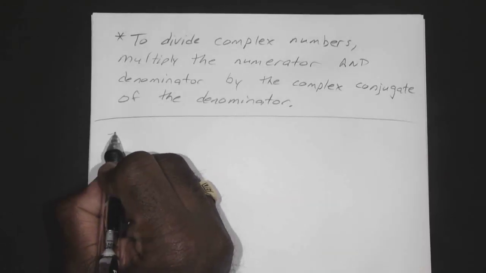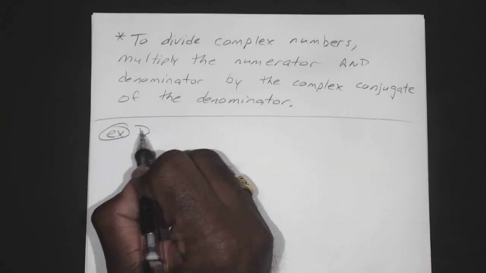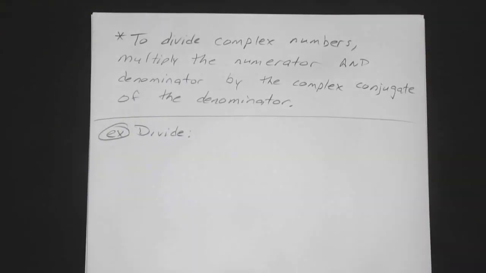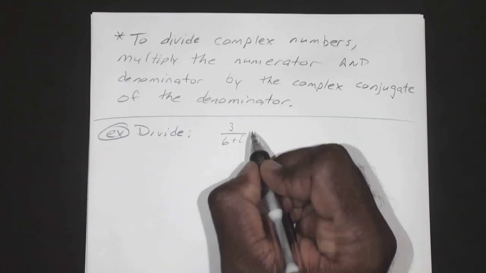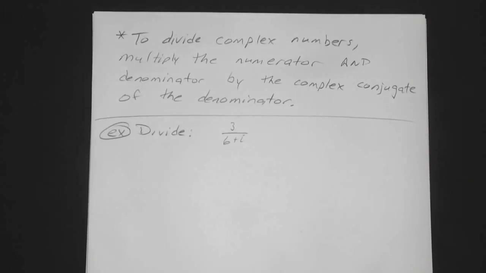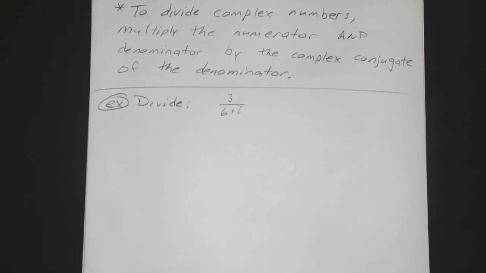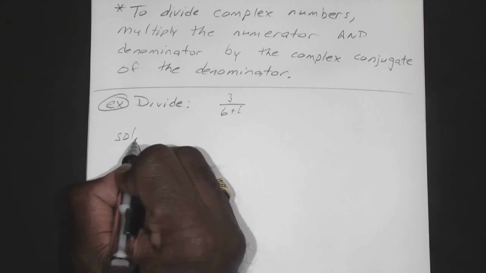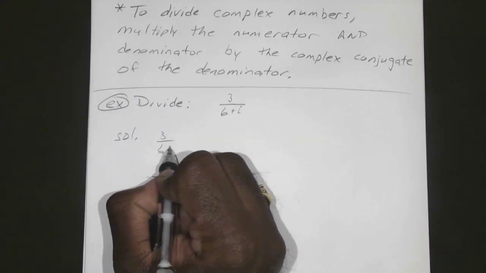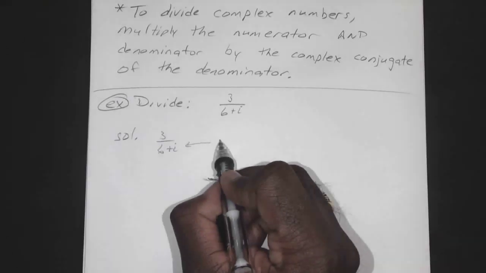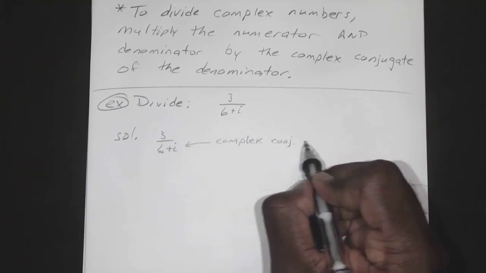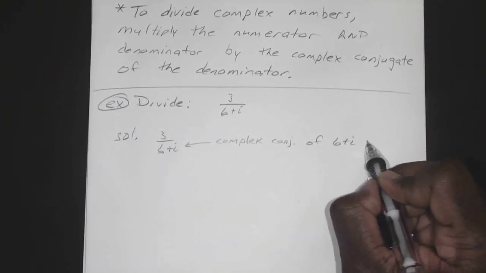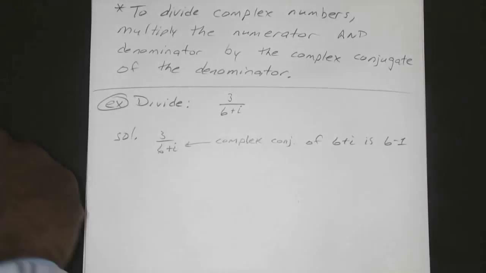All right, so let's say, for example, you want to divide 3 over 6 plus i. Okay, so let me just rewrite that. We have 3 over 6 plus i. The complex conjugate of 6 plus i is 6 minus i.